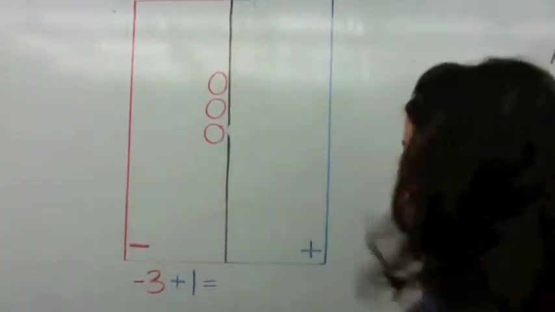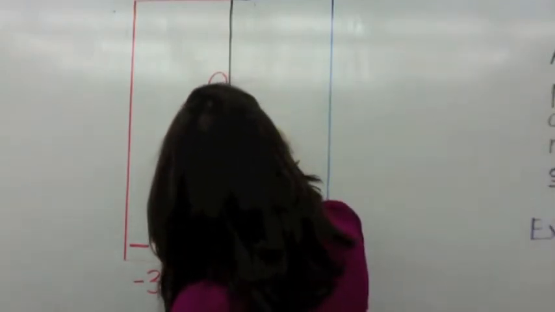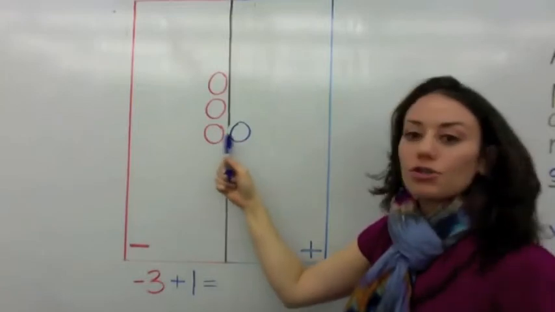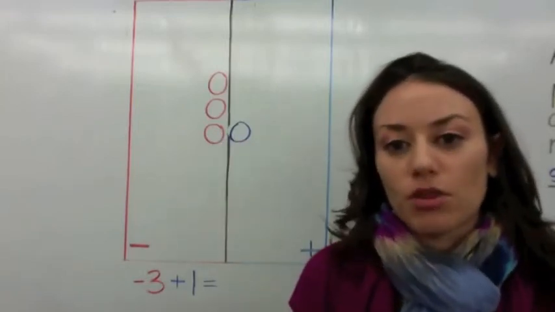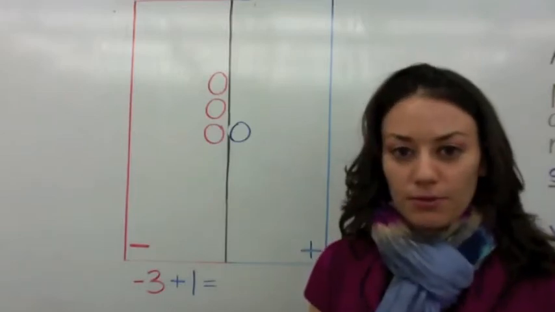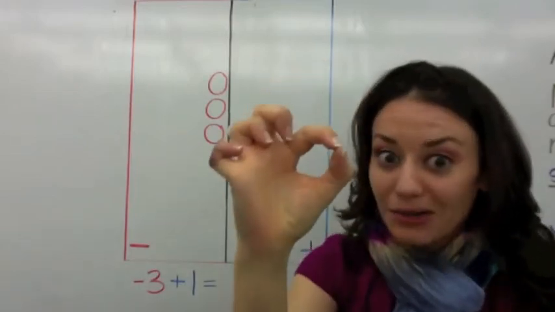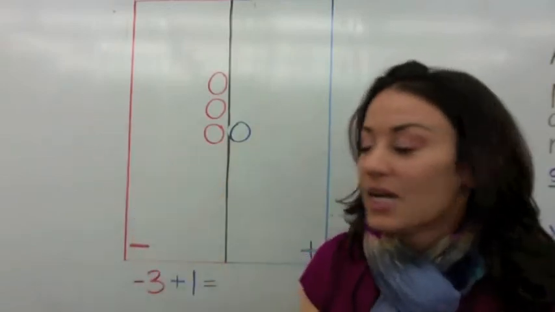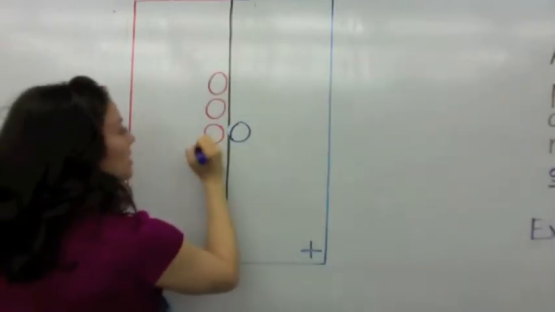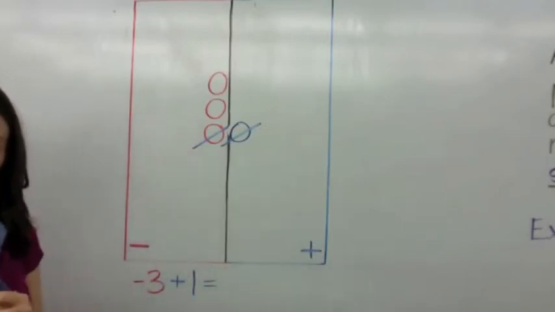So watch. If I put a +1 right here, if there are 2 circles next to each other, like this, it's saying -1 and +1. What do they make? They make 0. So you're going to cross these out because they're touching and they cancel out, or they make 0.